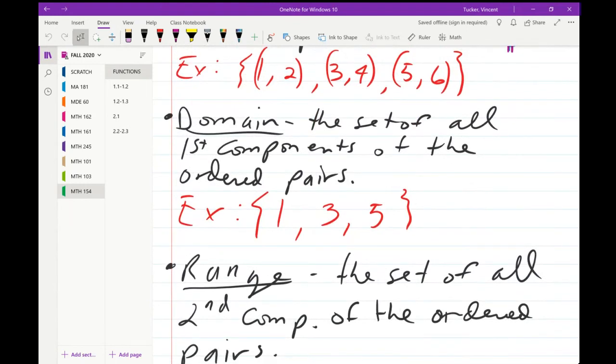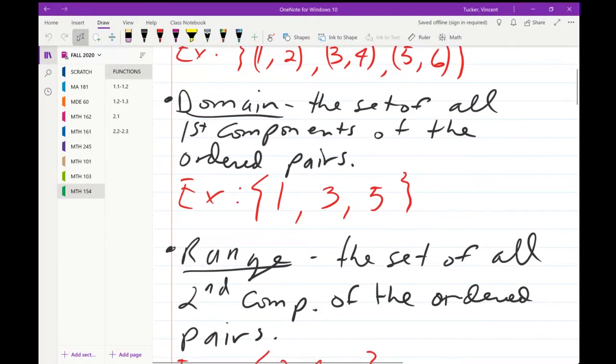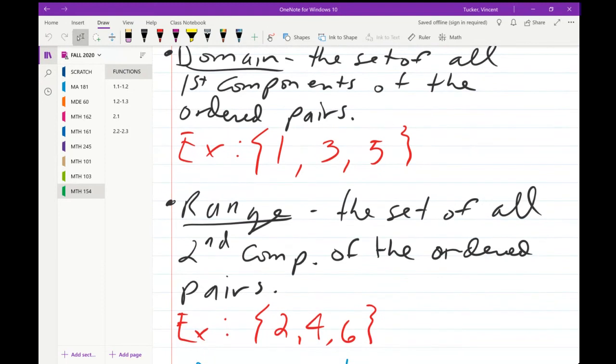Your range is the set of all the second components of your ordered pairs. And that is 2, 4, 6. All right.